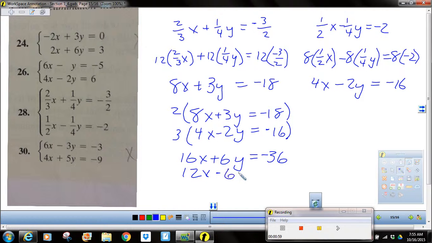This can be kind of a long process, and because of that, maybe this is why this method isn't used a lot. 28x is equal to negative 84.